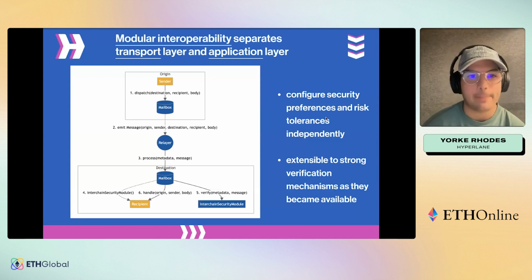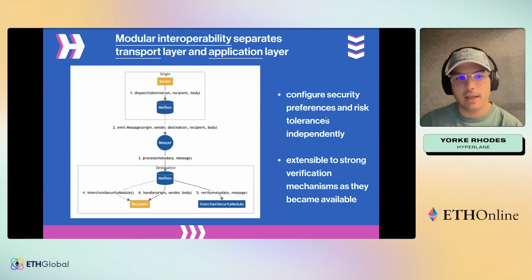This basically means that applications don't have modularity. They don't have the power of choice to say, hey, I don't want to use your security. I want to tune it to my own application's risk tolerances.